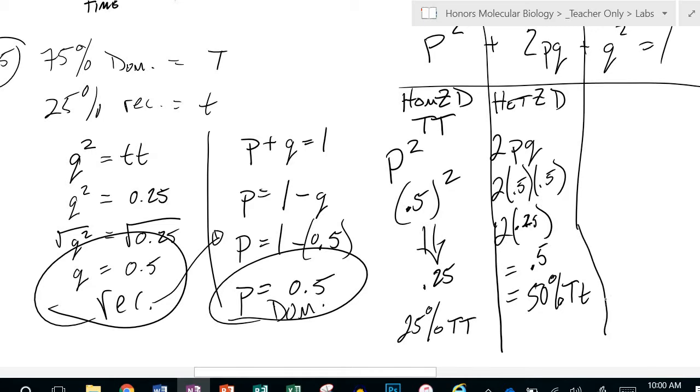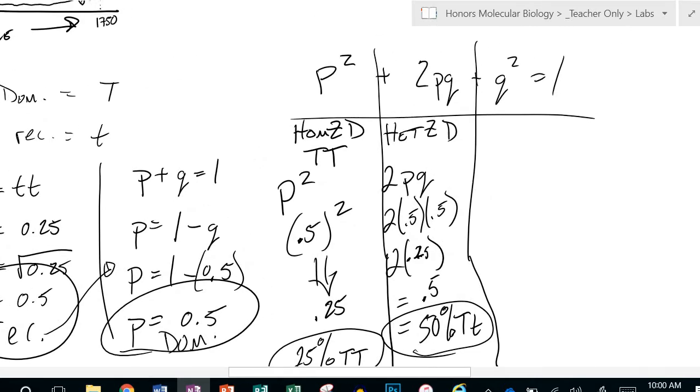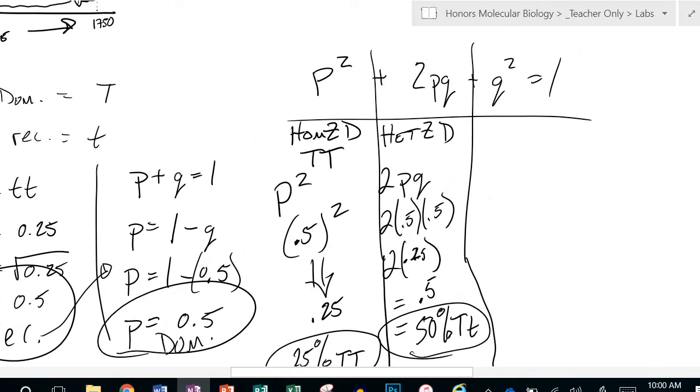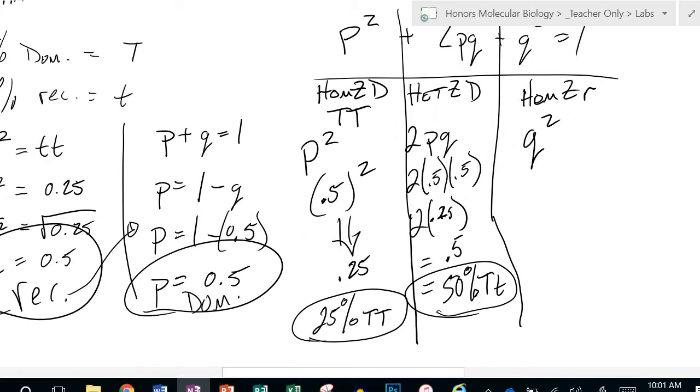All right. Here's our homozygous dominant frequency, heterozygous dominant frequency. Now we're going to look at the recessive. Pretty easy again. We know that homozygous recessive is q squared. And in this case, we don't even really have to calculate, right?